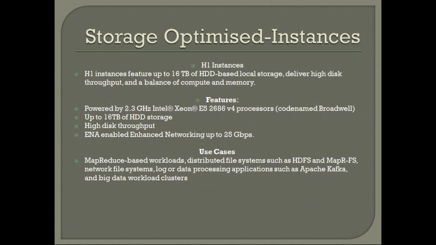Now we have come to storage optimized instances. Storage optimized instances are dedicated to storing something, such as backups or a large volume of data, and processing that data after storing. H1 storage optimized instances feature up to 16 TB of HDD-based local storage. 16 TB is very big.